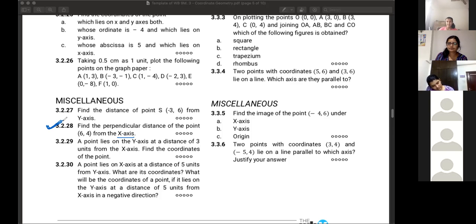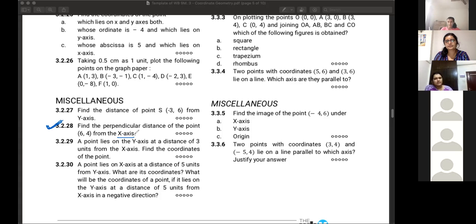Aryan, what's up? Where are you? Yes, 4, 6. Ma'am, I didn't understand. We had to take the distance from the x-axis.